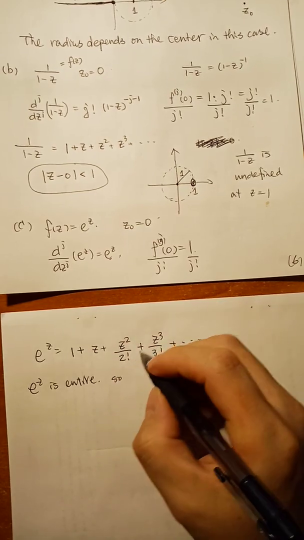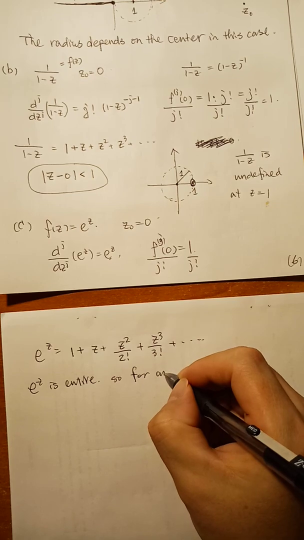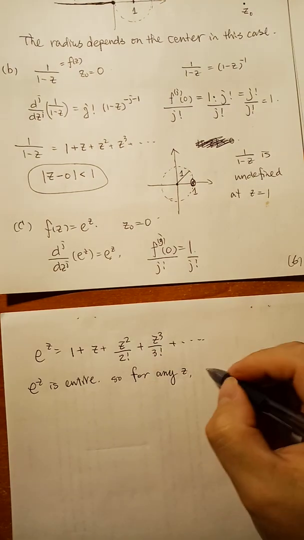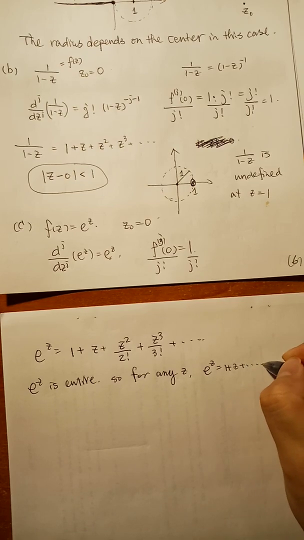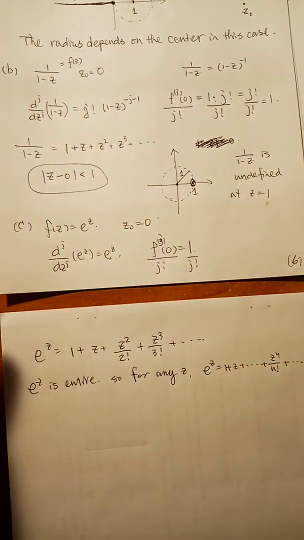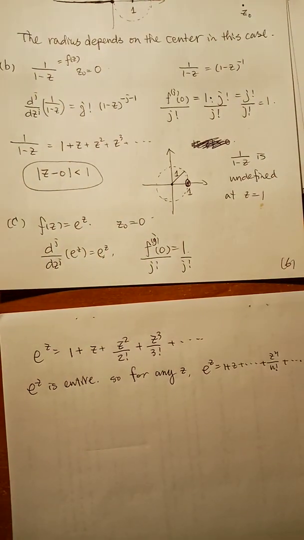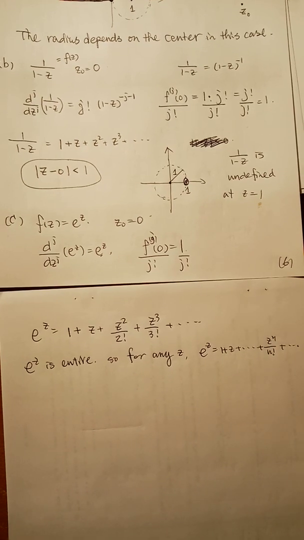So for any z, e to z is equal to this series, because when you get a disk, you can just draw it as large as possible to include this z. Okay? There's no limit.